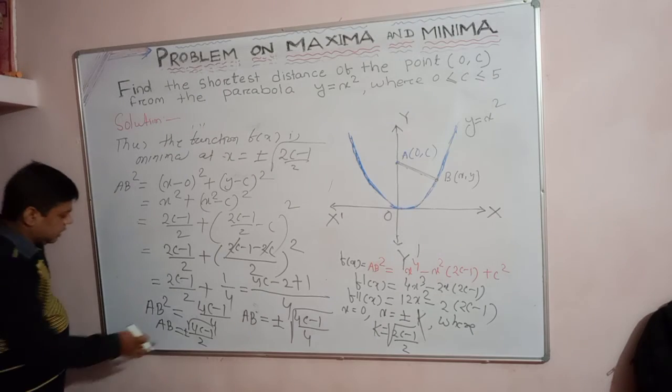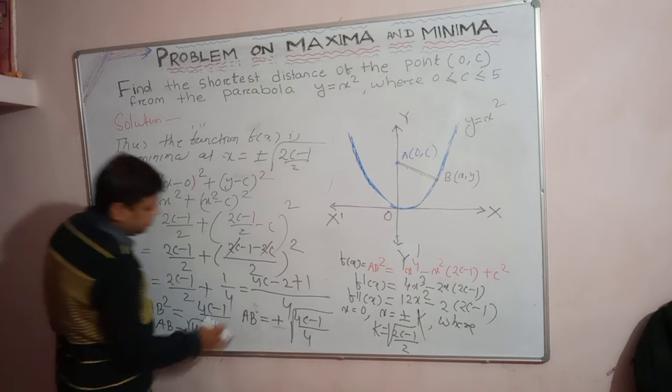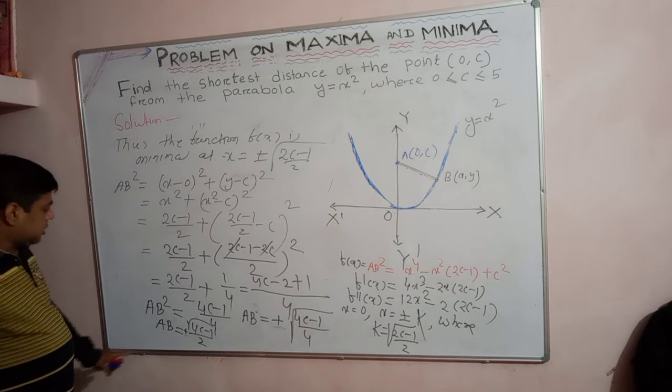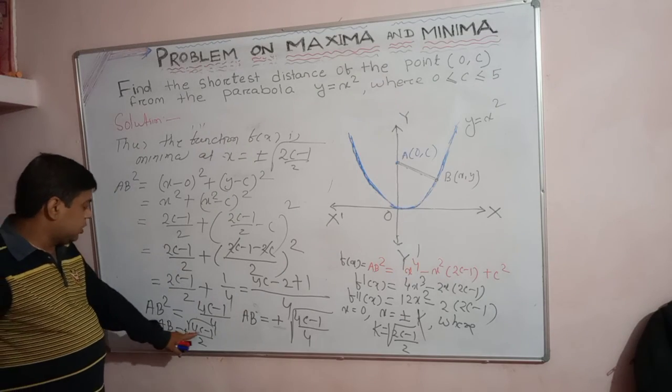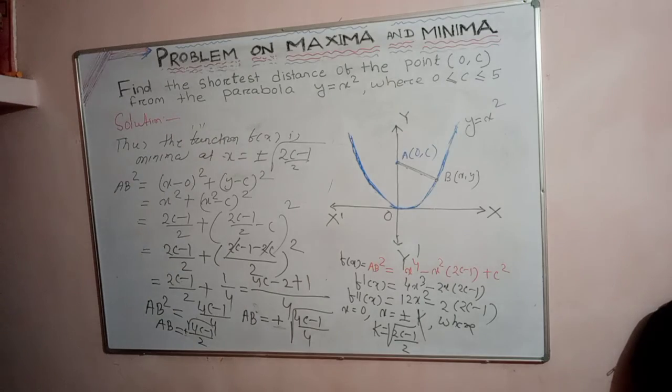Okay. Since distance is positive, let's remove the negative sign. Thus, the shortest distance of the point A from the point B on the parabola is root of 4c minus 1, whole divided by 2. Is it clear?